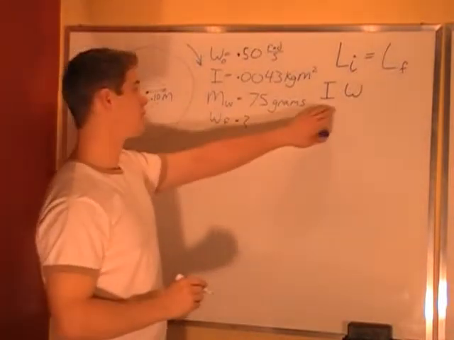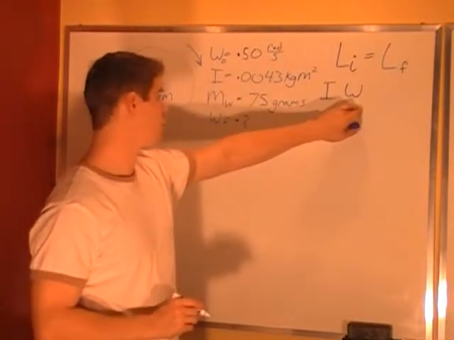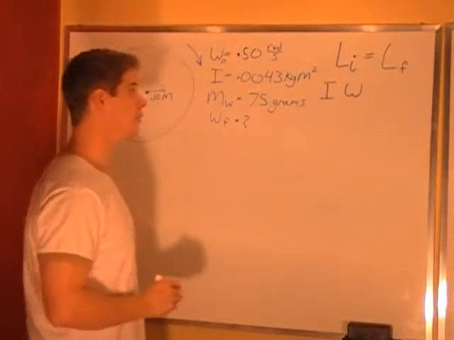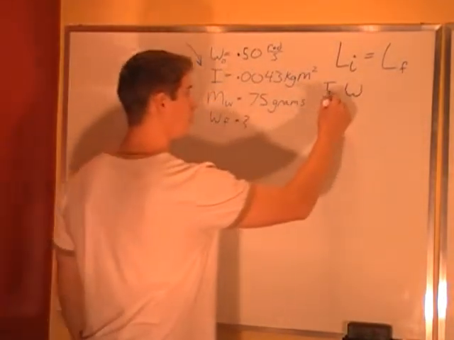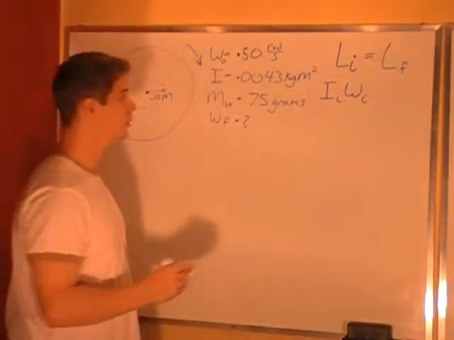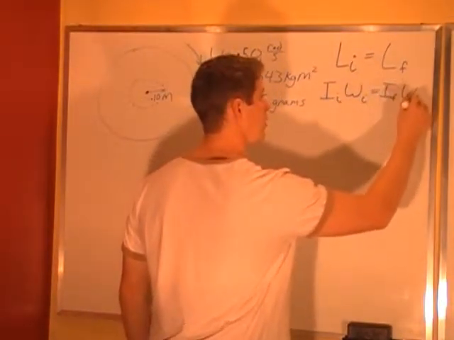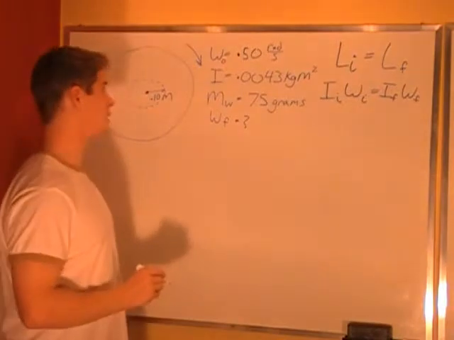So this is like our mass term, and this is our velocity term, which relates it to linear momentum. So our initial moment of inertia times our initial angular velocity is equal to our final moment of inertia times our final angular velocity.